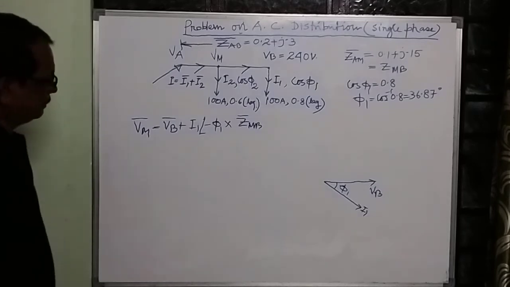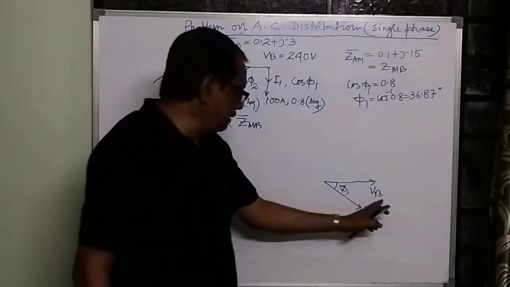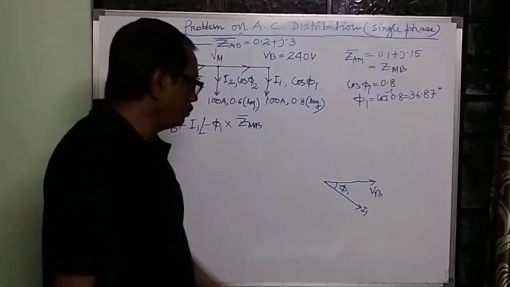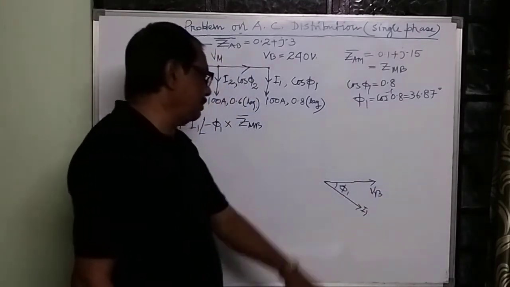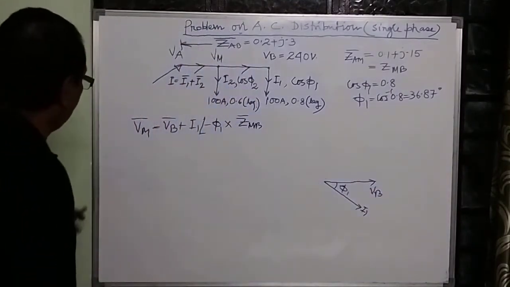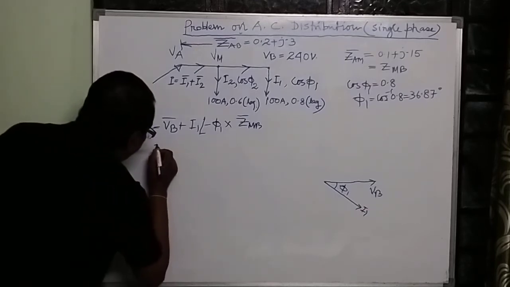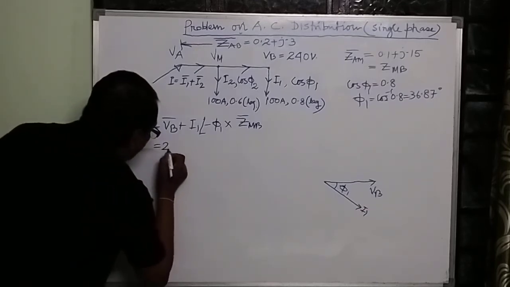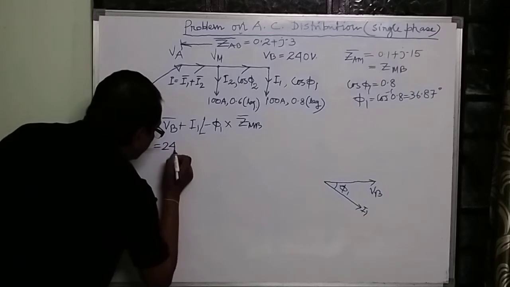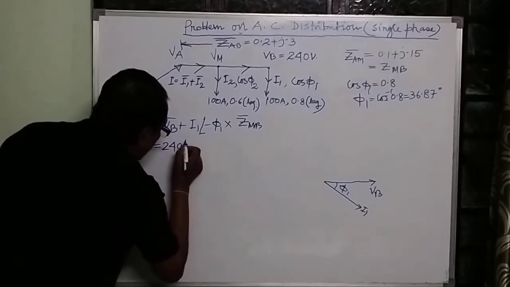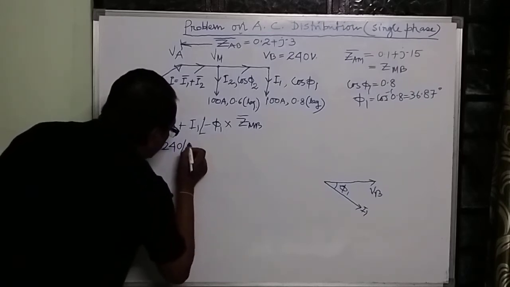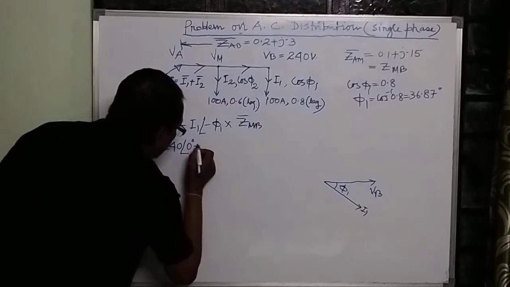Now, as the VB is the reference, the angle will be 0 degree. So here you can write the voltage is 240 volt, angle is 0 degree.